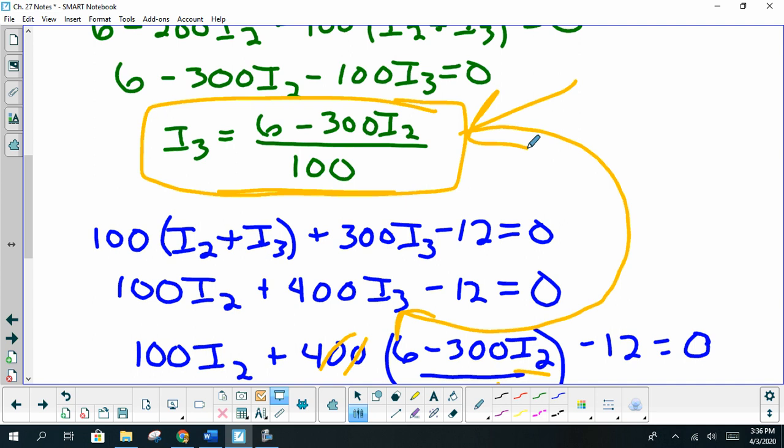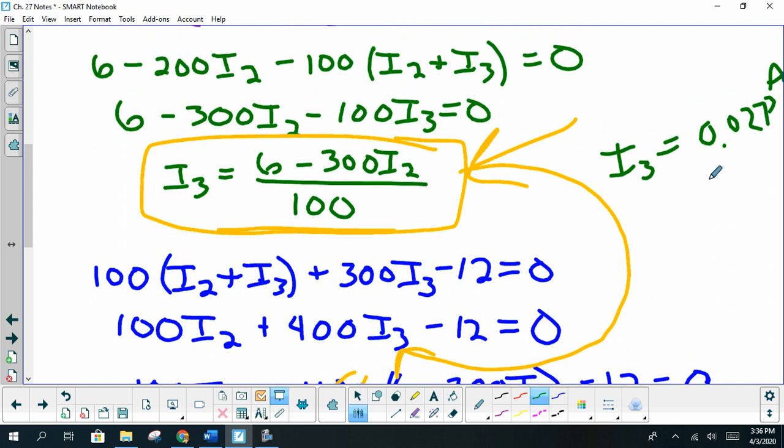When you work through it and find I3, you're going to find a value of 0.0273 amps. And that's a positive number. So again, we said that that's the correct direction, which is good for us.